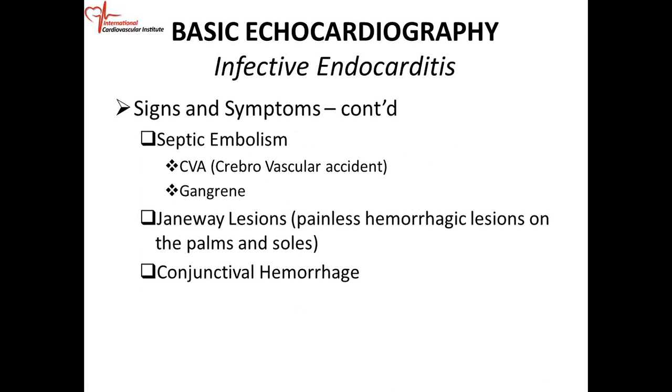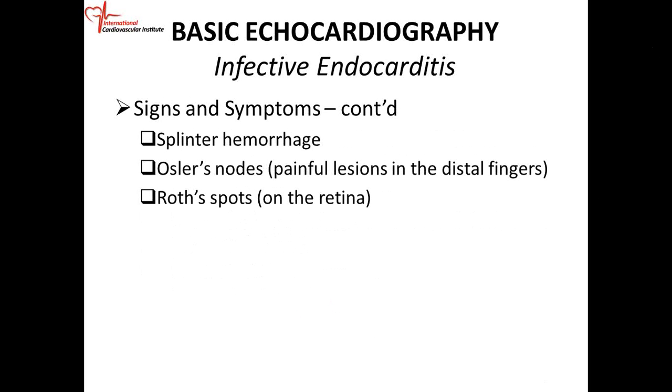You will see what they call Janeway lesions. These are painful hemorrhagic lesions on the palms and soles. Okay? So these are evidence of septic emboli as well. Painful embolic lesions or hemorrhagic lesions. All right? And you can get conjunctival hemorrhage. You can get splinter hemorrhages if you look in the nail beds.